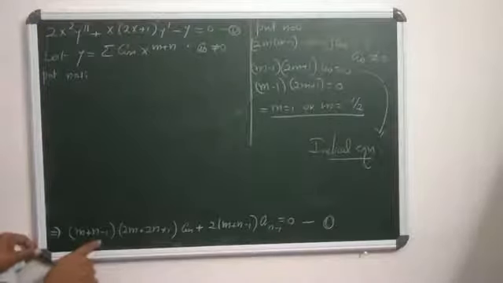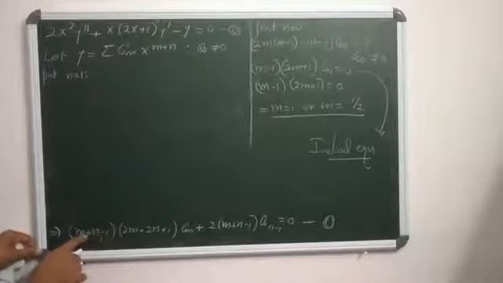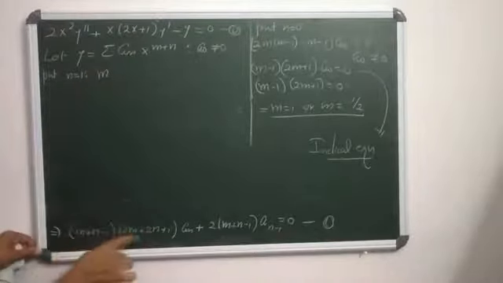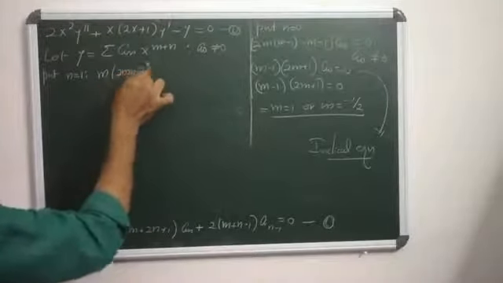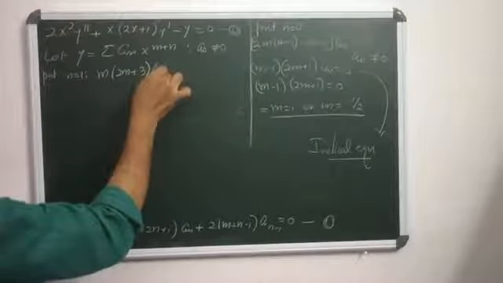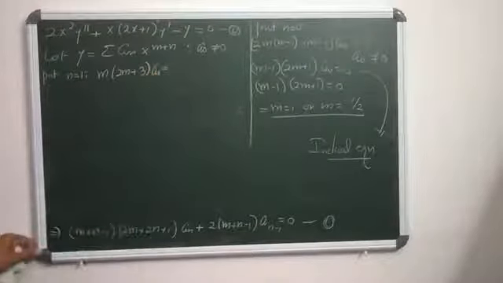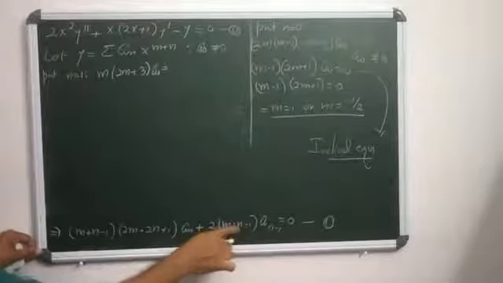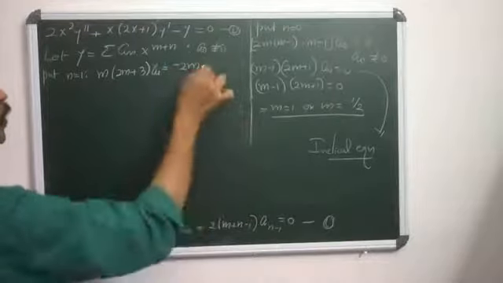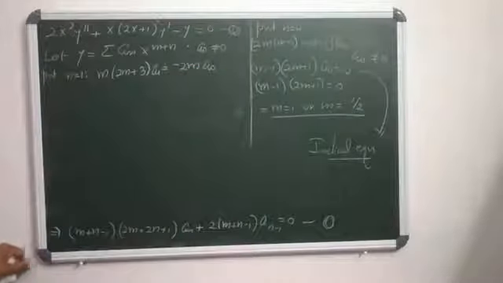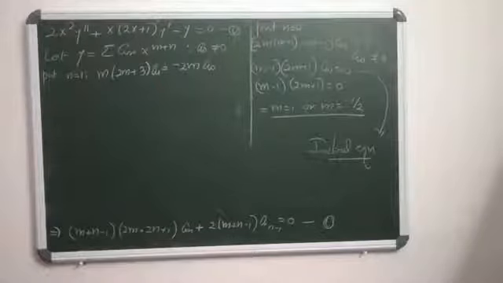When n equals 1, it reduces to m into 2m plus 3 into a1 minus 2m into a0, so m into 2m plus 3 a1 plus 2m a0 equals 0.